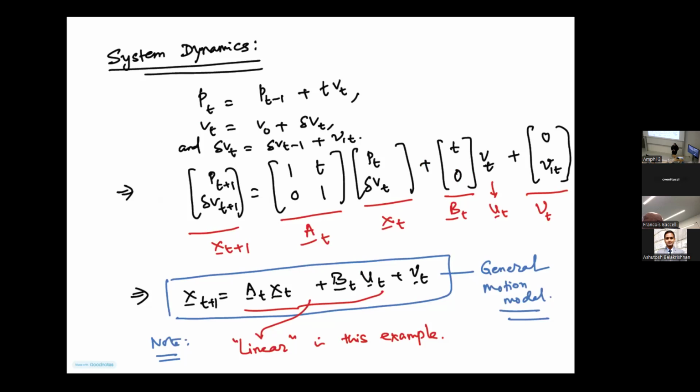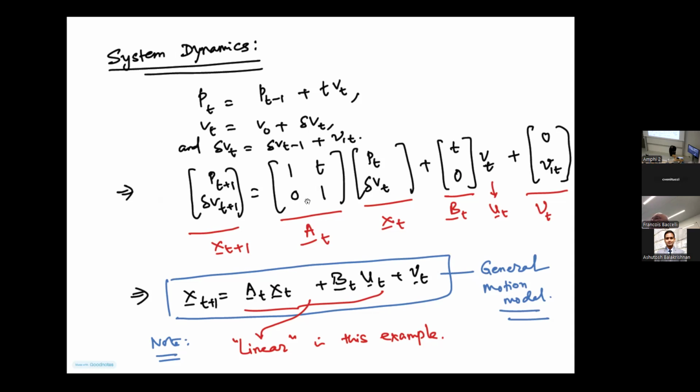Now, the idea is to first develop the system dynamics. That is, if the motion is happening, how do we capture the motion mathematically? So we have pt, which is the previous pt plus t times vt, and the vt is the initial velocity plus del vt, which is the drift in velocity. And the drift in velocity is also not constant, but it is continuously evolving with time, right? So if we capture it in a matrix form, the states which need to be tracked are vt plus 1 and del vt plus 1.